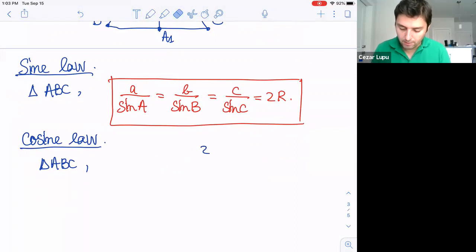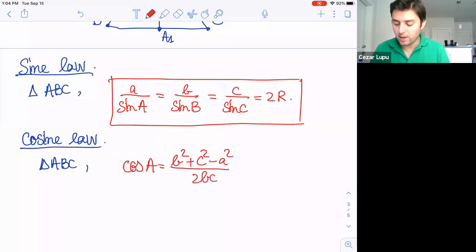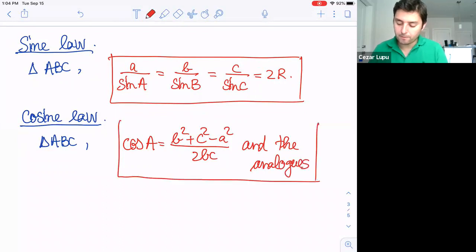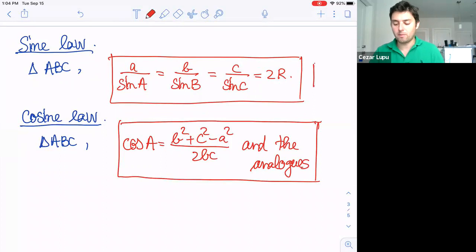So cosine of A is b squared plus c squared minus a squared over 2bc. That's it, and the analogs, right? And the analogs. So these are the two formulas, these are a must.